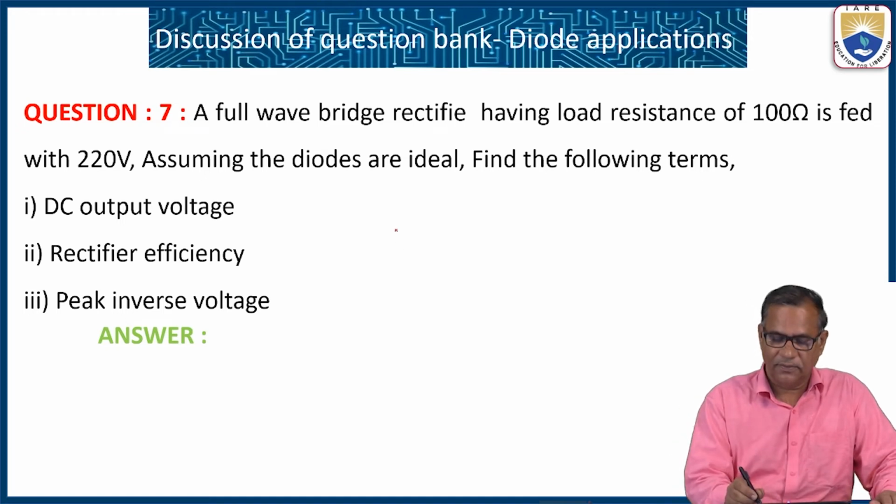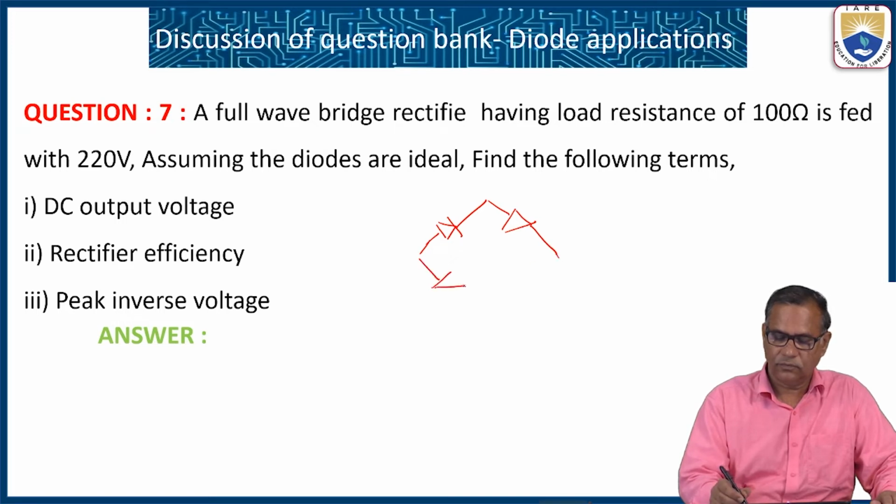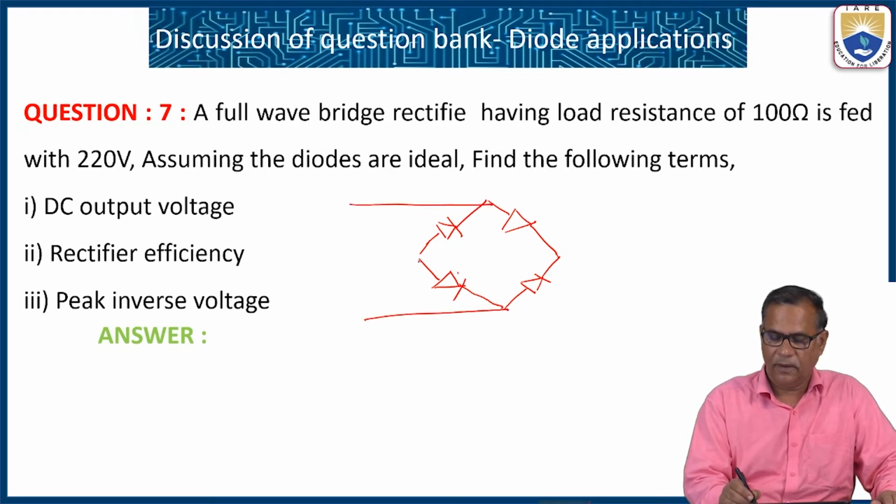This is the circuit for the bridge rectifier. It has 4 diodes. And the input is given across these 2 points, and the load resistor is connected here.